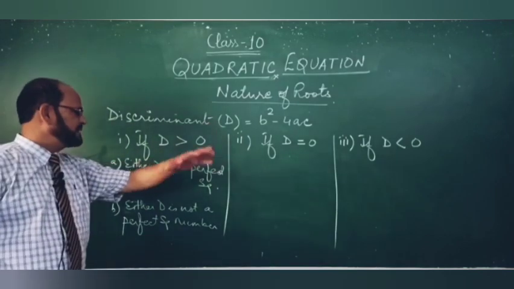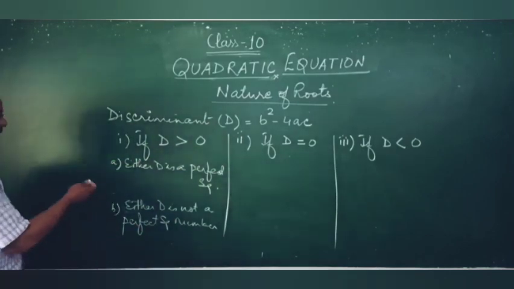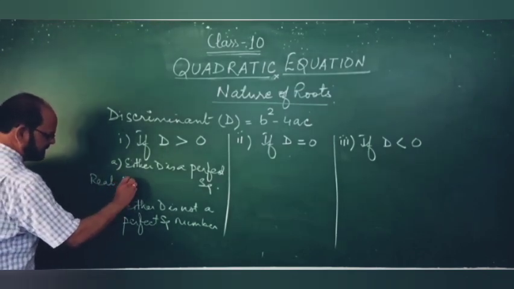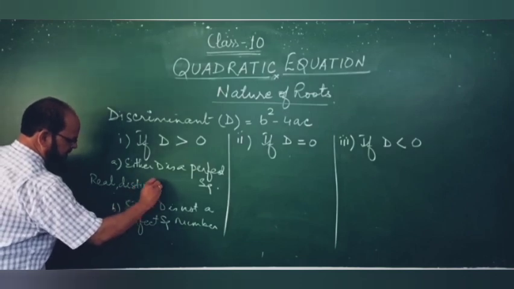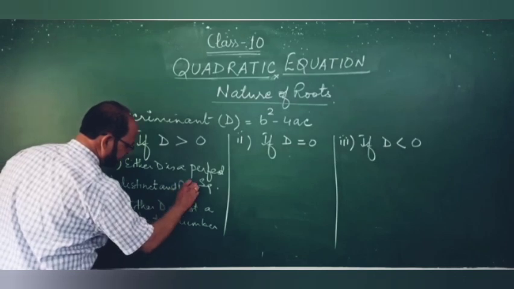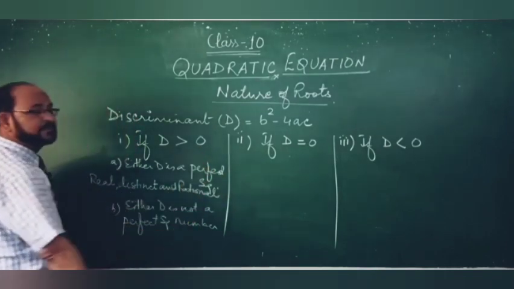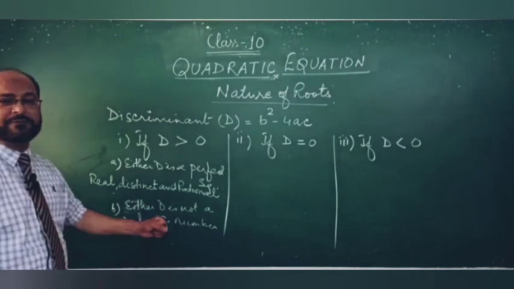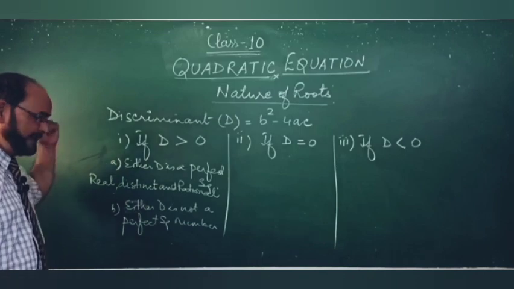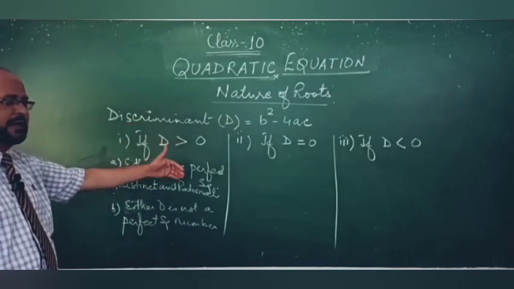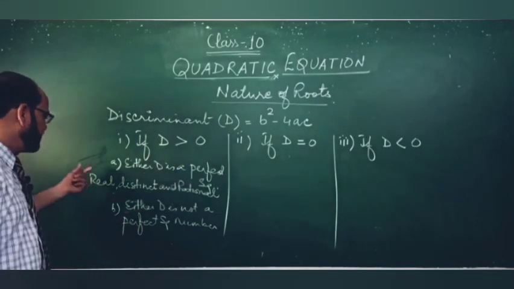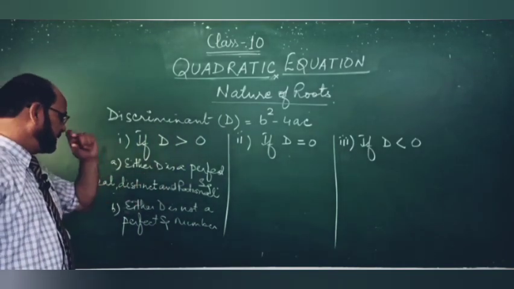Now when D is a perfect square number, the nature will be real, distinct, and rational. If the value of the discriminant is greater than 0 and it is a perfect square, meaning it is 1, 4, 9, 16, then the nature of the roots will be real, distinct and rational.